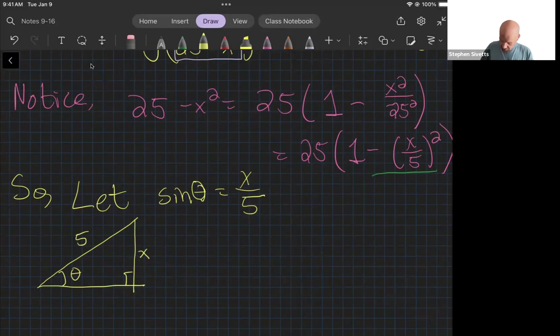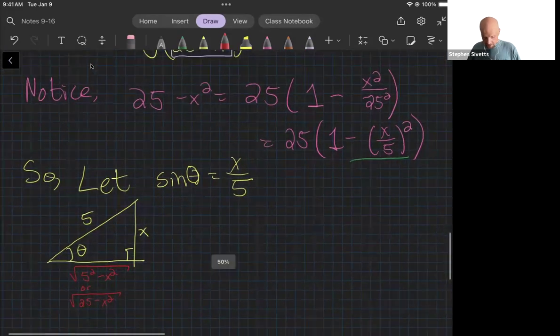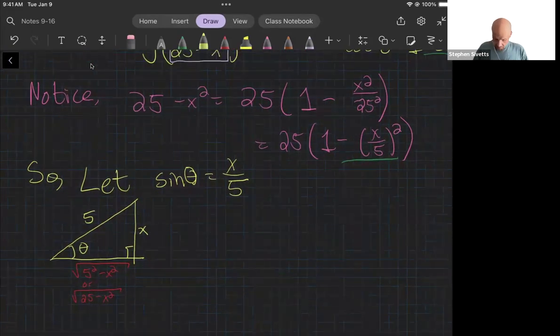And this remaining leg is just the square root of 5 squared minus x squared, or the square root of 25 minus x squared. That's how you find one of the legs. So this is the right triangle we want to look at.